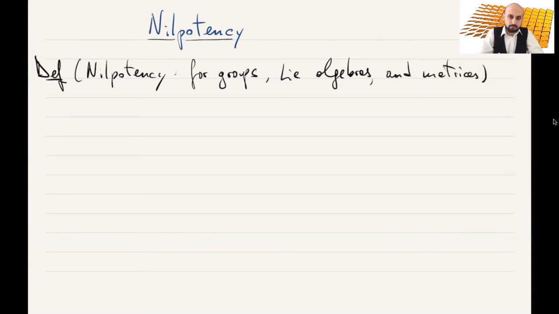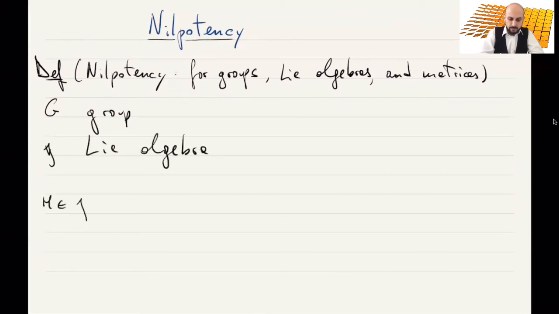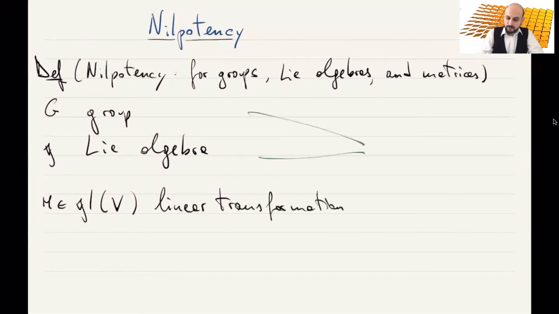And so if you have a group G, if you have a Lie algebra G, and M a linear transformation on a vector space, then all these three objects can be said to be nilpotent if some condition is satisfied.